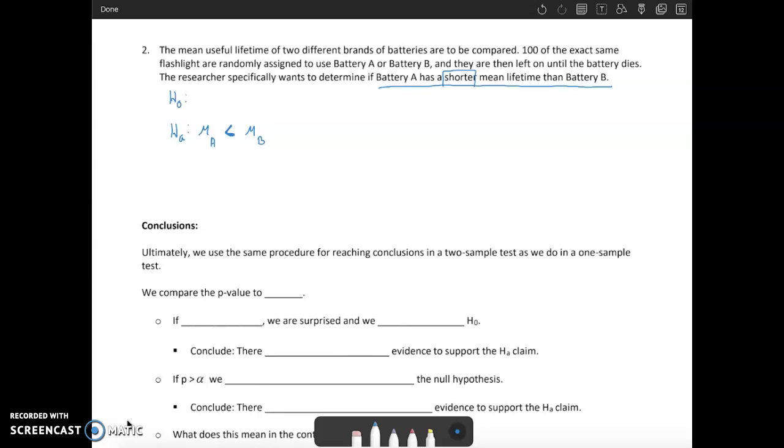Then I can back up and say my null hypothesis must be the complement of that: the mean lifetime of battery A would be greater than or equal to the mean life of battery B. Again, just for practice, these could also look like mu sub A minus mu sub B is greater than or equal to 0, or mu sub A minus mu sub B is less than 0.